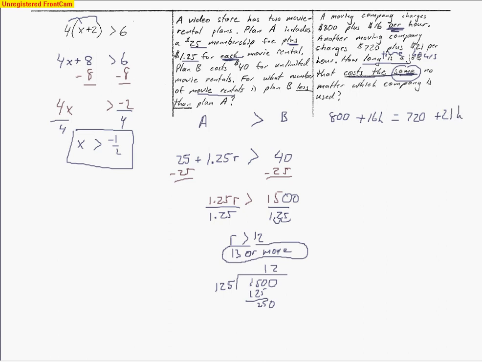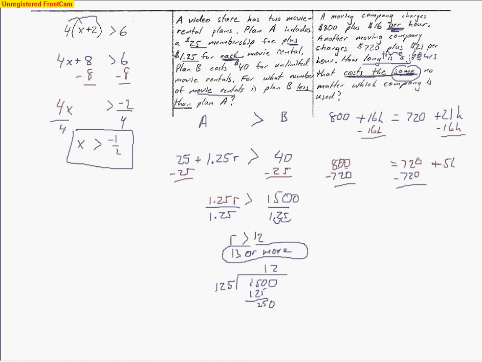So I go ahead and do some subtraction. Subtract that 16h from both sides. So that leaves me with this 800 equals 720 plus, and this makes 5h. And so now I'm ready to move this 720 from both sides. So I'm going to subtract that.